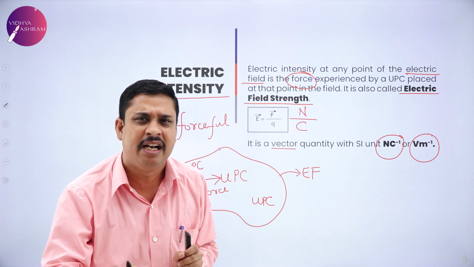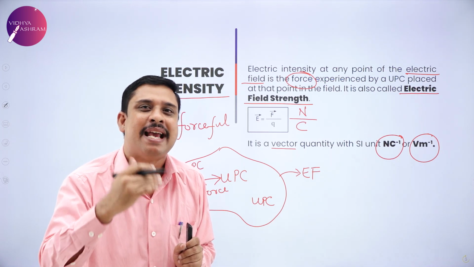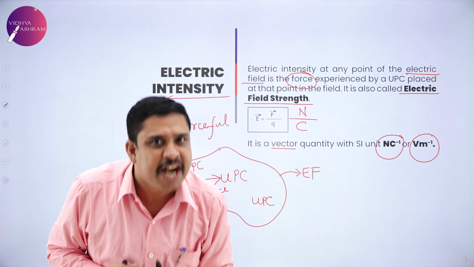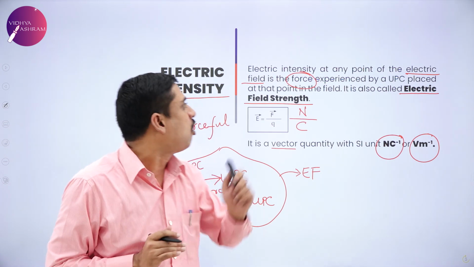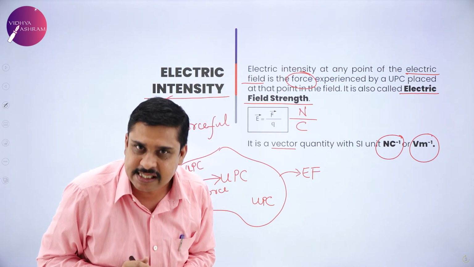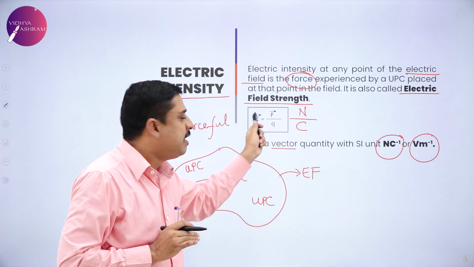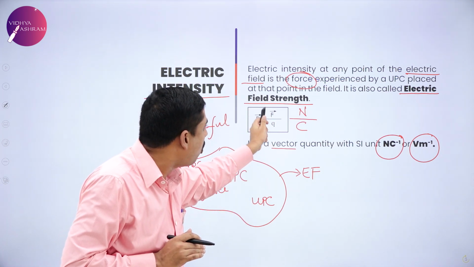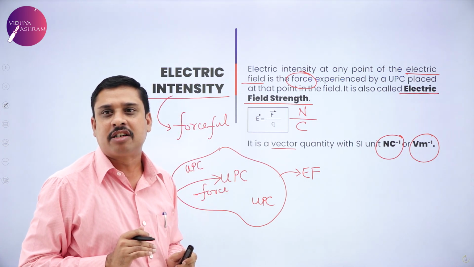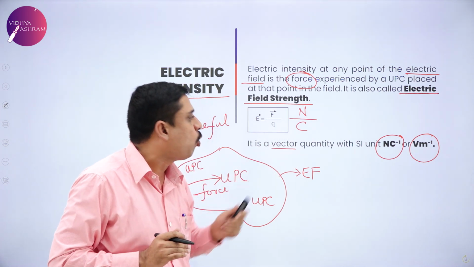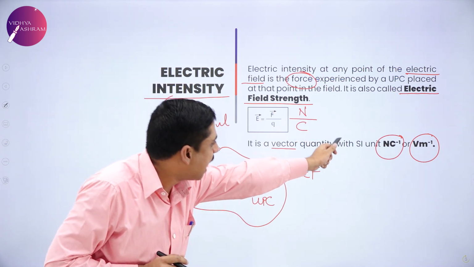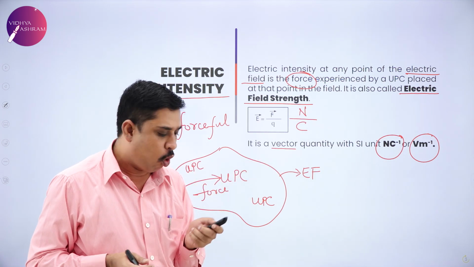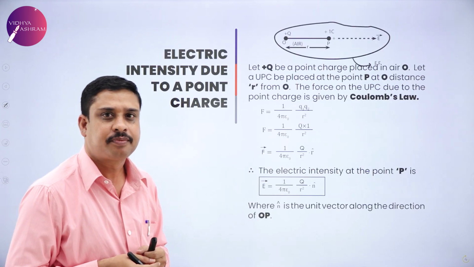Within the electric field, at any point you place the charge, it will experience some force, and that force is what we call electric intensity. Mathematically, E equals F divided by Q, the force acting on the charge. It is a vector quantity whose SI unit is Newton per coulomb or volt per meter.